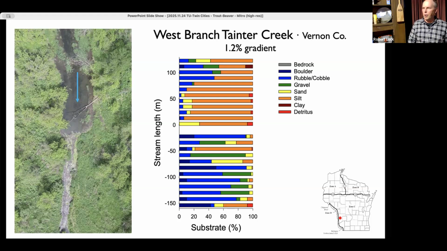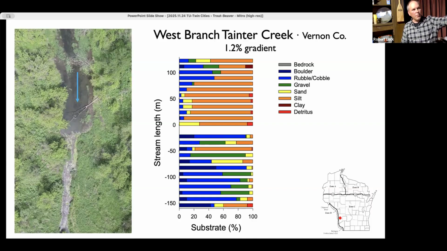What percentage of it is boulder versus rubble, cobble, gravel, sand, or silt? Color coded this to show that finer substrate in the warmer colors. So that orange and red, that's your silt and clay, the yellow sand, and then that green, blue, darker colors are the coarser substrates, the gravel, the rubble, cobble, boulder, which are important for trout.